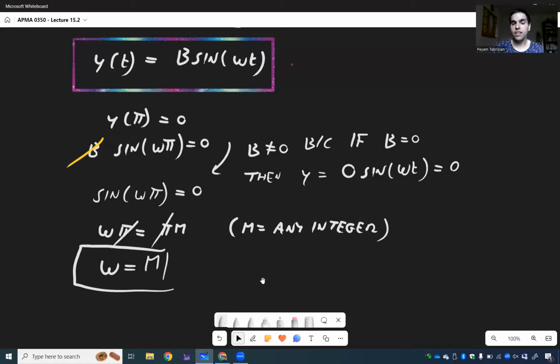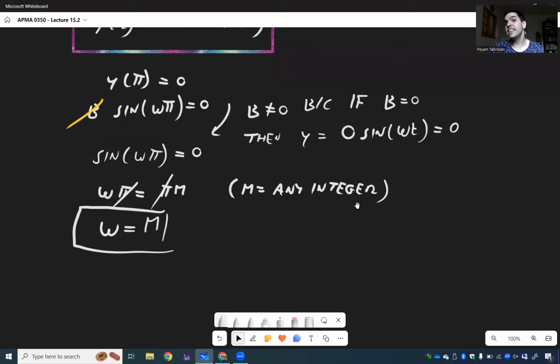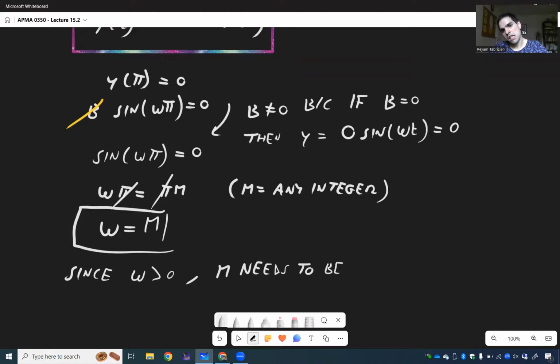But just one little thing. So we said m is any integer, but strictly speaking, it's any positive integer, since omega is positive. m needs to be any positive integer.